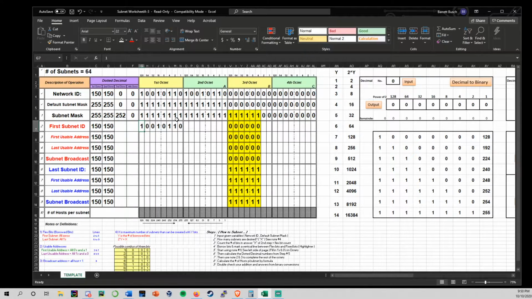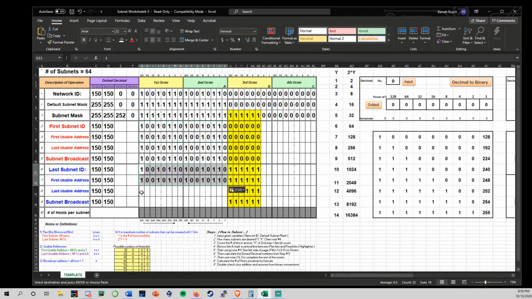Okay, so that said, we can just go ahead and copy and paste this all the way down and make this a little less scary and less empty. Okay. So now we just have to determine the host bits over here. And if you take a look here at number 2, you'll see the handy tip here.